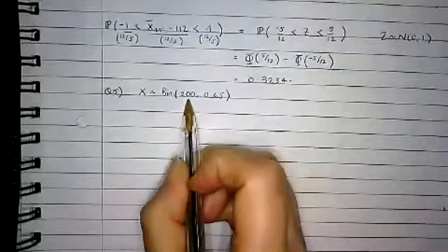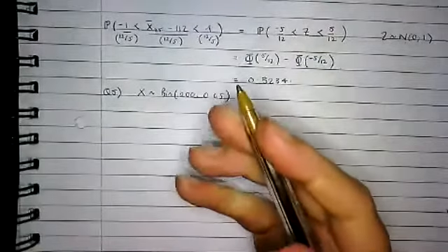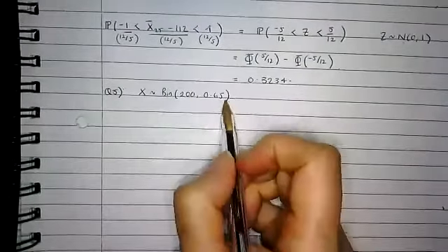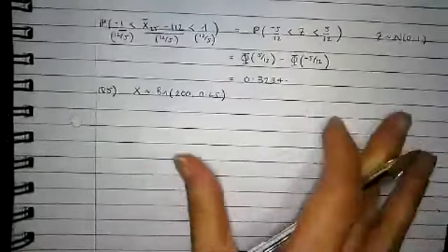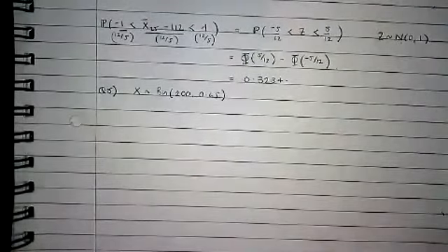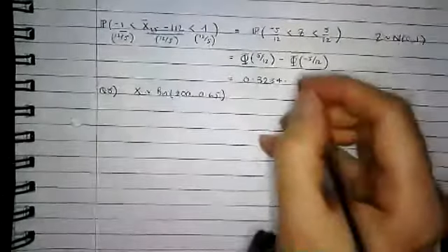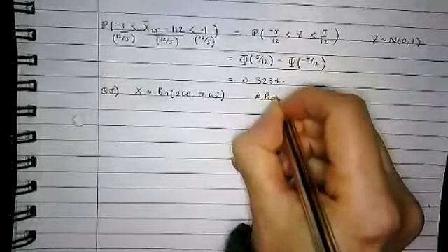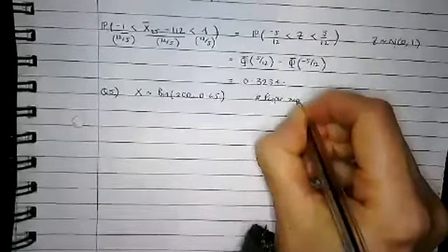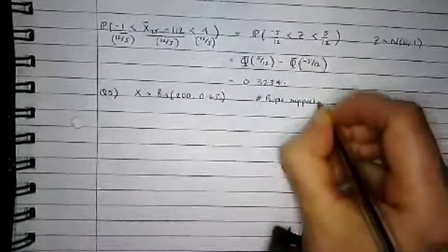There's 200 because there are 200 people in that first sample, and 65 because we think there's a 65% chance of them supporting candidate A. So that's the number of people supporting candidate A in the first sample.